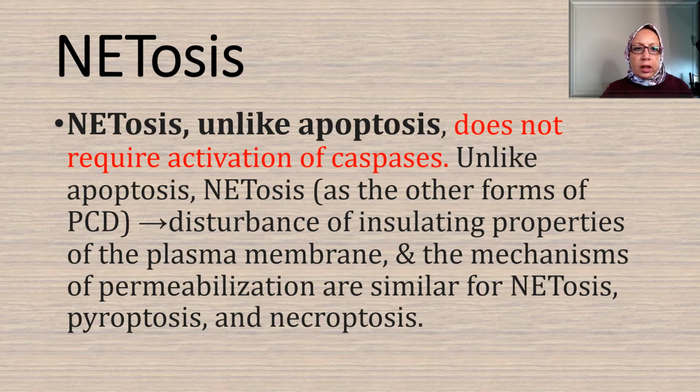NETosis, unlike apoptosis, does not require activation of caspases, and NETosis also differs from apoptosis by being accompanied by disturbance in the insulating properties of the plasma membrane, while it shares the mechanisms of permeability changes with other forms of programmed cell death like pyroptosis and necroptosis.